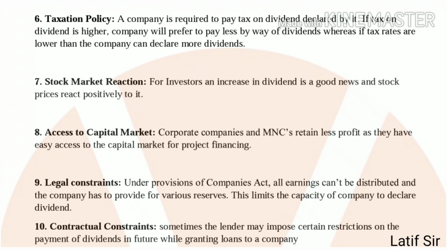Stock market reaction: how the investors react to your dividend, whether they will react positively, so you can give a proper dividend. Access to capital market is another point. Legal restriction: sometimes the Companies Act restricts the declaration of dividend to a certain portion. At that time you have to follow the legal restriction, so this is a factor. And last is contractual constraints. So these are the various factors.